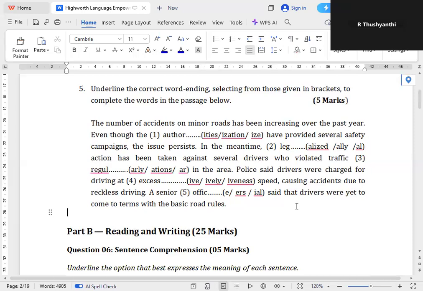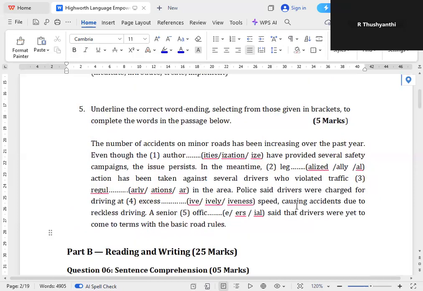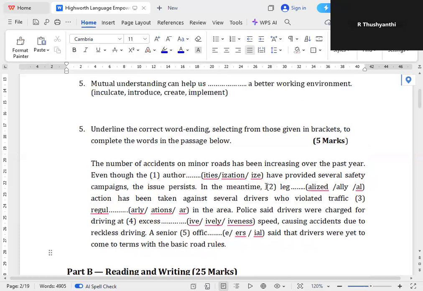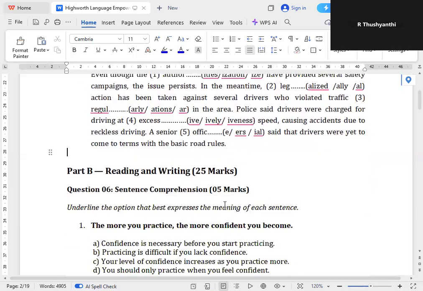So that's how. It's a simple paragraph. It's all about suffixes. Here the suffixes are tested, right? How good you are at suffixes. So you can easily score 5 marks for this if you have the correct answers.